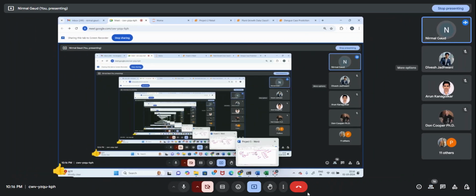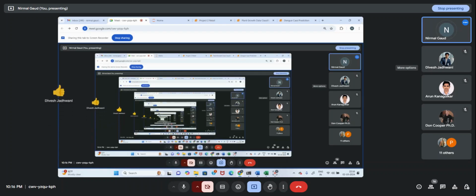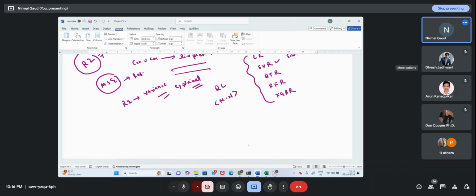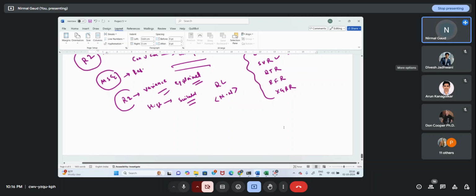It's challenging because the R2 score tells about variance, variance explained. An R2 score being high doesn't mean the model is suitable.